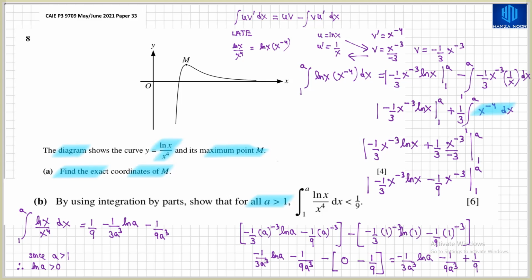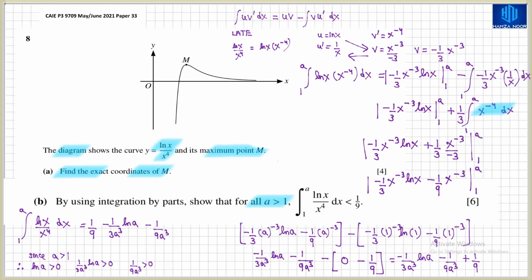So when ln a is greater than 0, this means that 1 over 3a cube multiplied by ln a is also greater than 0. And this also means that 1 over 9a cube is also greater than 0.